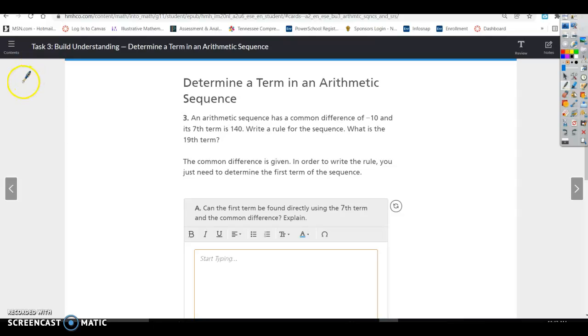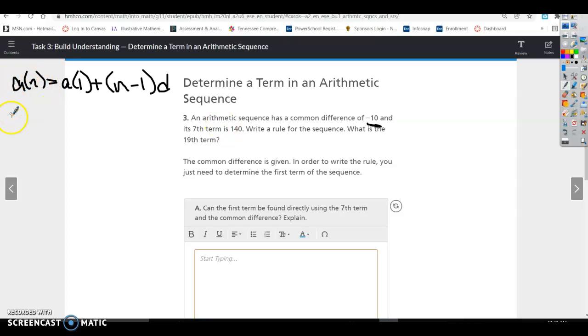All right, so we know that our formula is going to be a of n equals our first term plus n minus 1 times d. We know our common difference is -10 here, and we know our seventh term is 140.